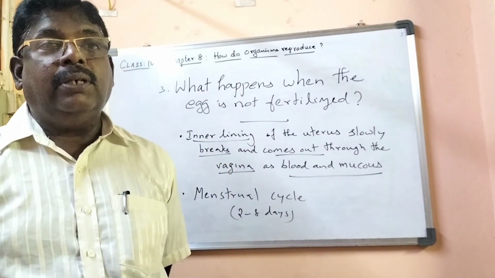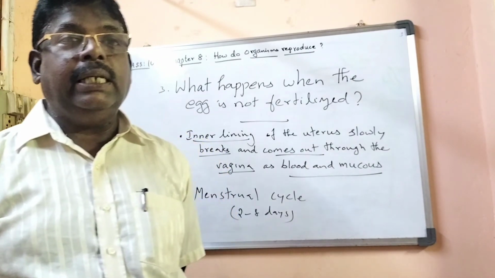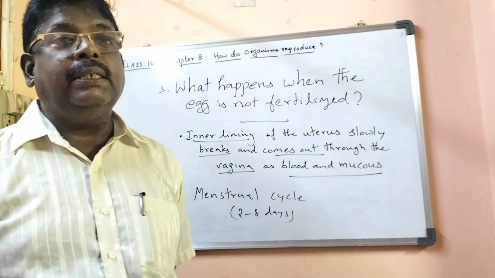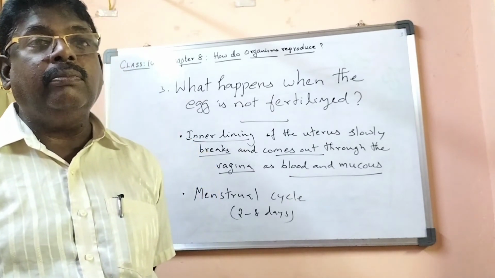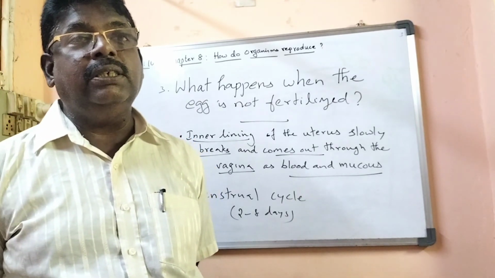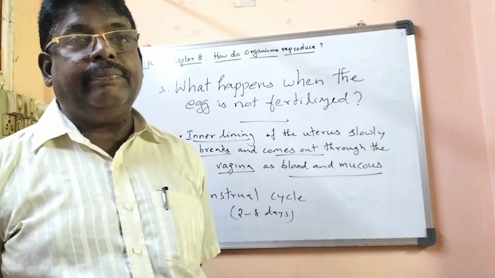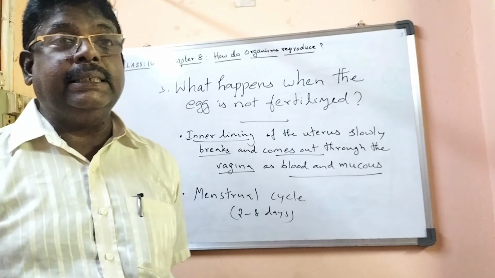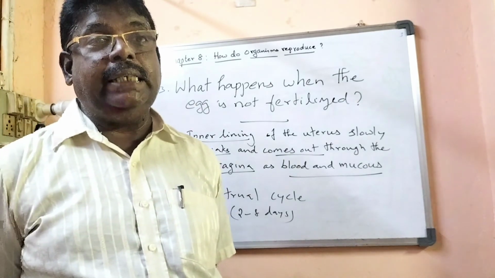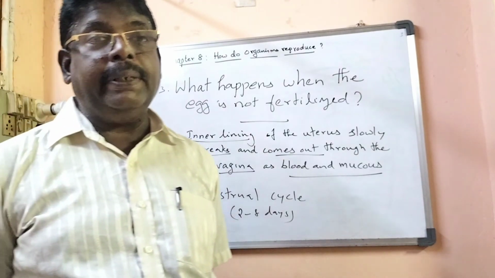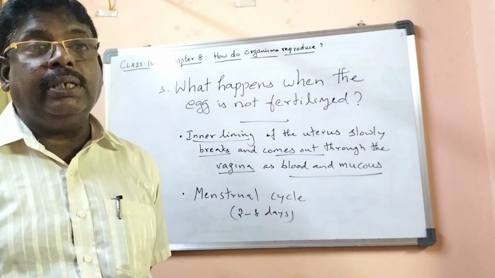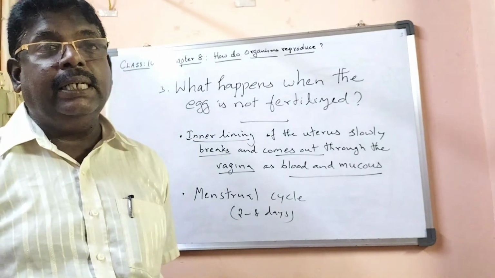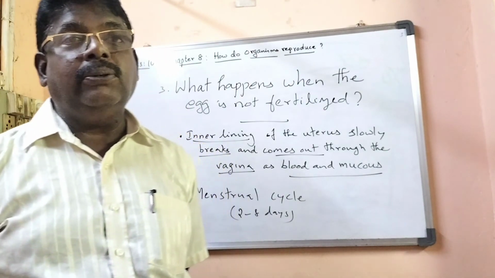One egg will be released at a time from the ovary. That egg will be there in the fallopian tube at the site of fertilization for about 1 day. Meanwhile, the uterus prepares itself to receive the fertilized egg. The lining of the uterus becomes thick, richly supplied with blood vessels, expecting the zygote.